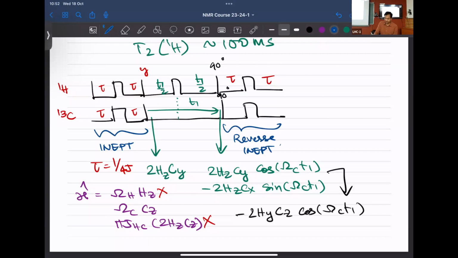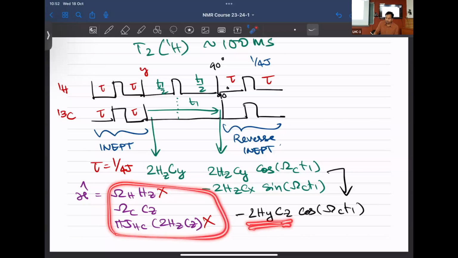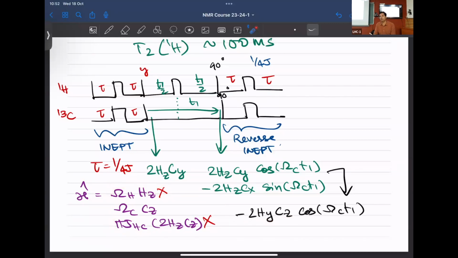So what is reverse INEPT going to do? Since you have a tau that is set to 1 over 4J here as well, which terms are going to be present? Will proton chemical shift evolve? Why does it not evolve? Very good. You have a tau 180 tau, so proton chemical shift will not evolve.